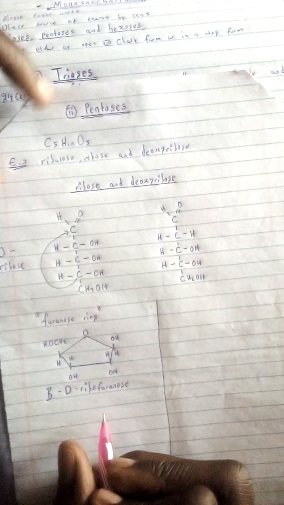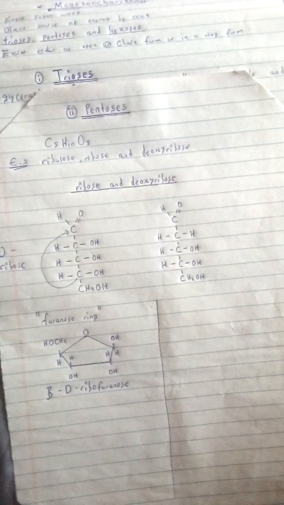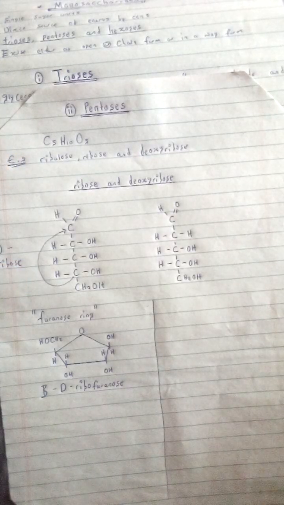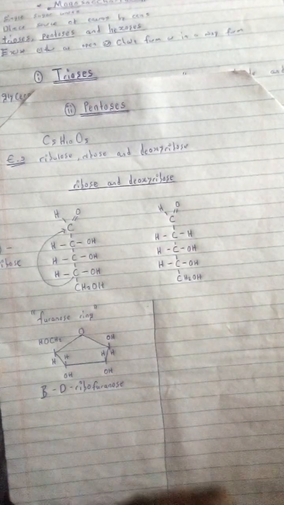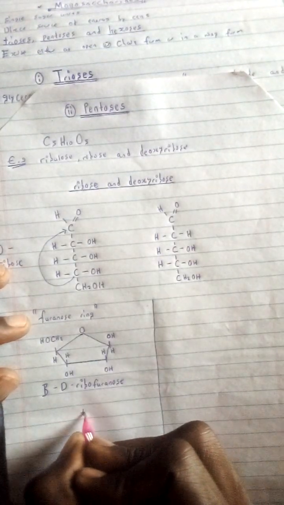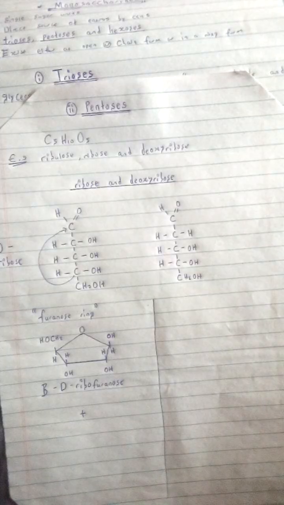I hope you guys are clear on that one. Then this is the beta form. What about for the alpha form?